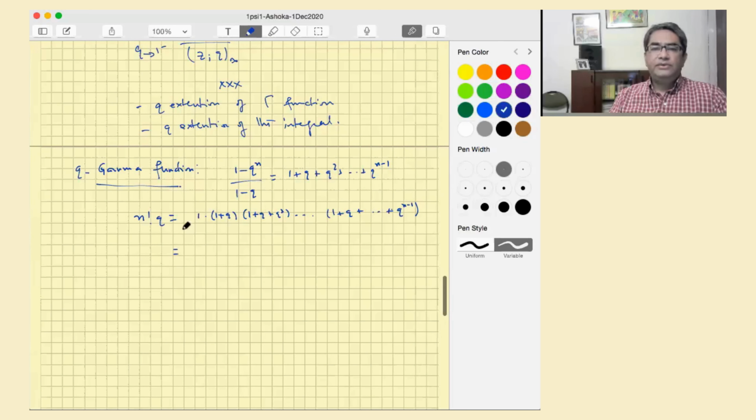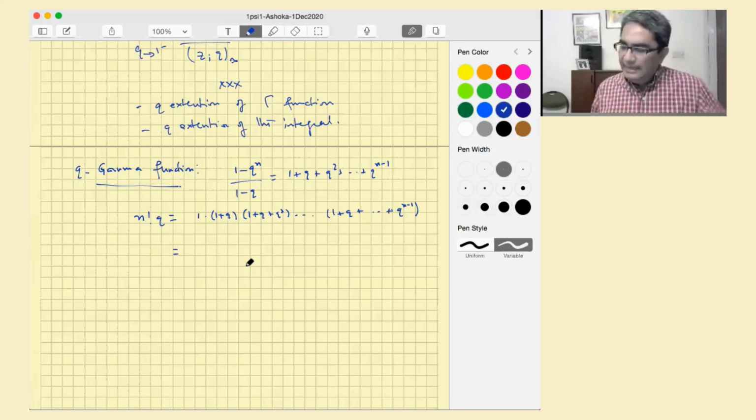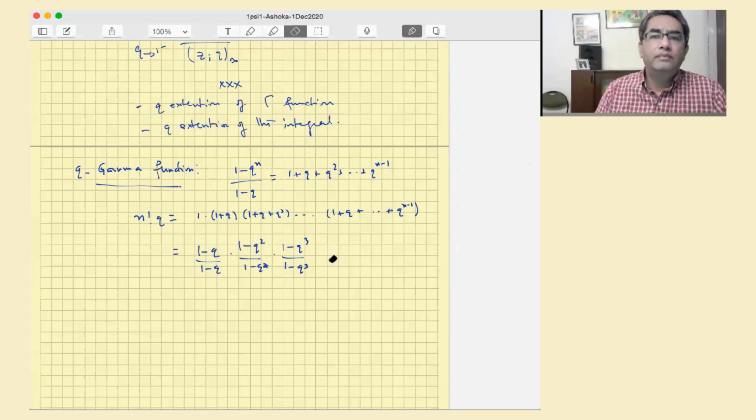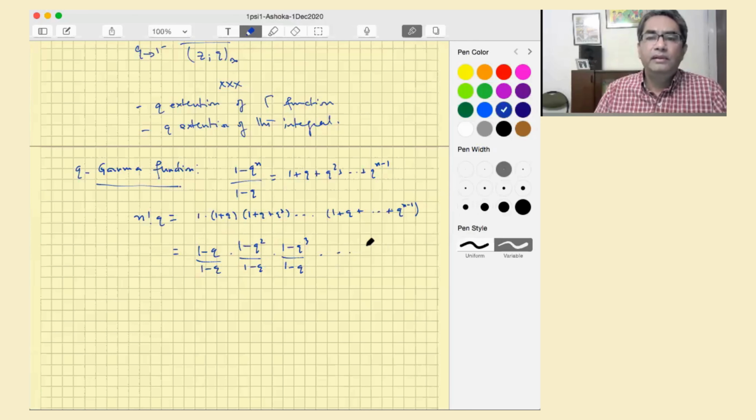This is a very natural extension of the factorial function, the q factorial function, if we take this as the q number. And then we write this as 1 minus q over 1 minus q times 1 minus q square over 1 minus q, 1 minus q cubed over 1 minus q, and so on, 1 minus q raised per n over 1 minus q.